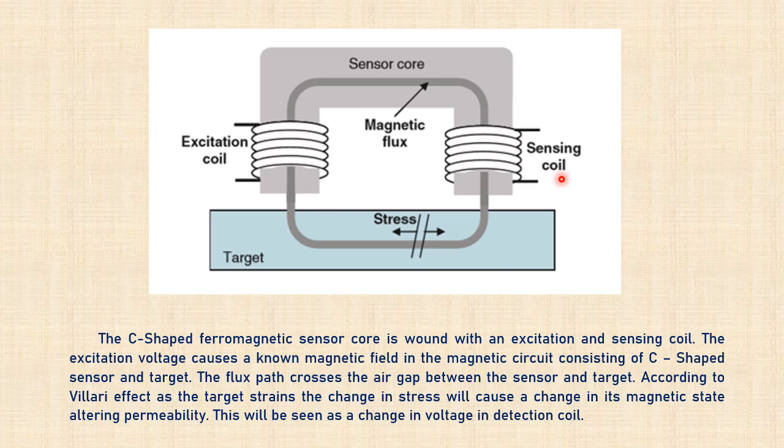We also have magnetostrictive passive sensors where you just strain the target and there is a change in the magnetic flux giving us an electrical output. So magnetostrictive is another important phenomenon for sensors.